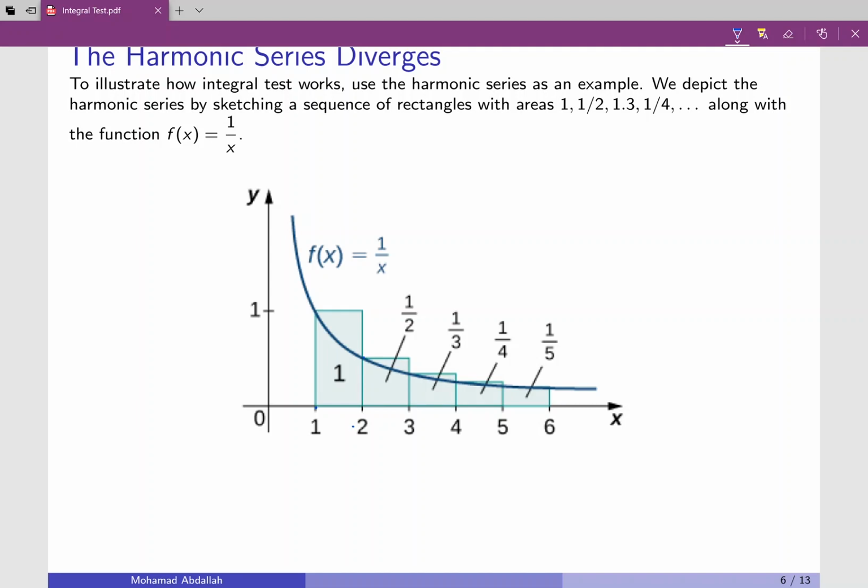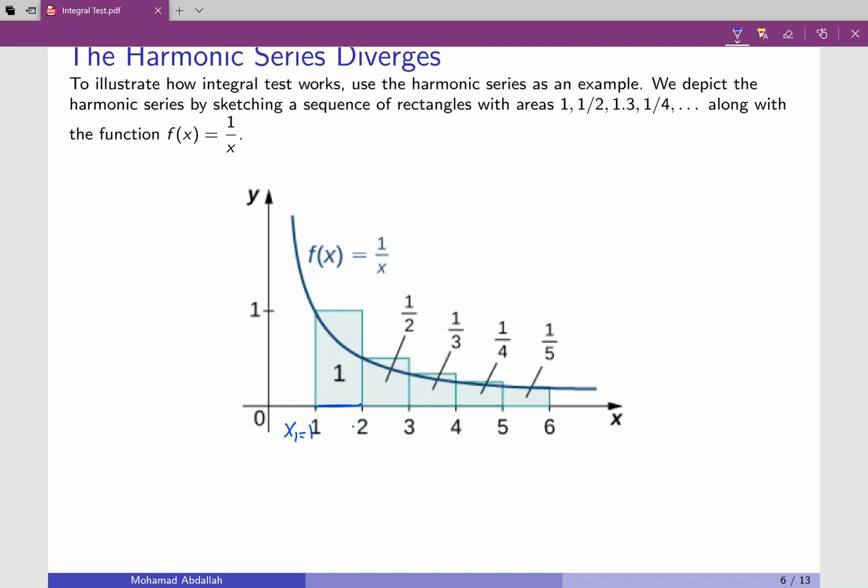I'm trying to estimate the area here, where the function is decreasing. If I choose my sample point over each interval to be at the left end point, then I'm going to get an overestimate for the area. So here, for example, on the interval 1, 2, I'm choosing x1 to be the left end point.